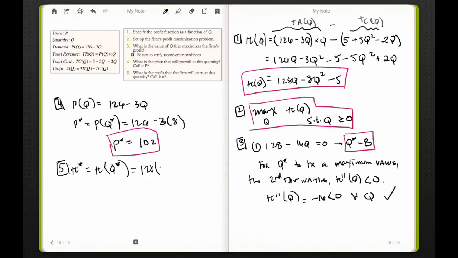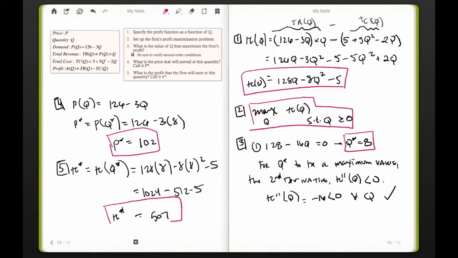It's going to be 128 times 8 minus 8 times 8 squared minus 5. And this is 1024 minus 8 to the third, which is 512, minus 5. So you get a profit star equal to 507. Okay.